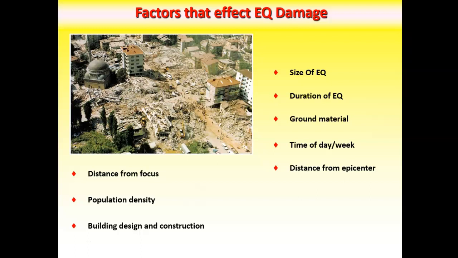You would survive that because there's nothing really to hurt you except falling onto the ground potentially. But usually what happens is buildings collapse, and of course people are in those buildings, or freeways collapse and people are on those freeways. This is where a lot of the deaths occur, from the collapsing of buildings and things like that. So I want to keep that in mind when we're talking about damages.